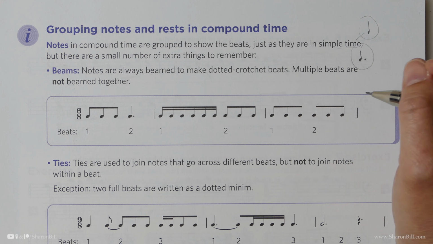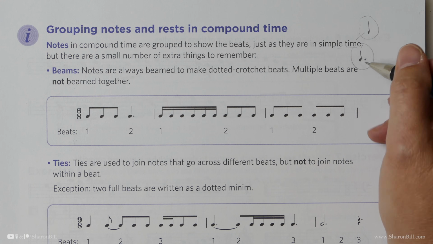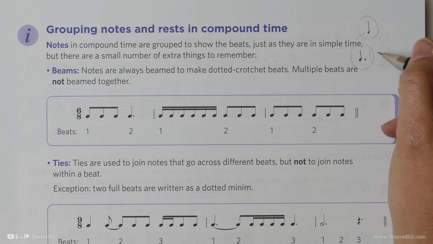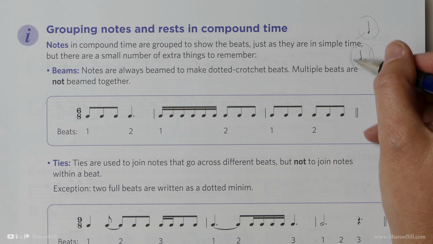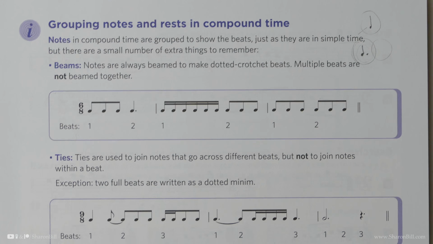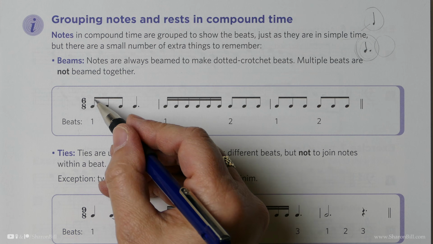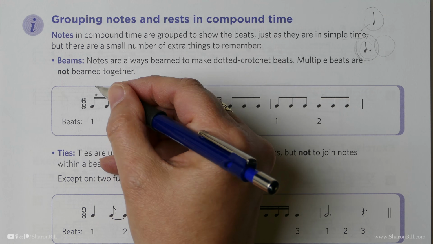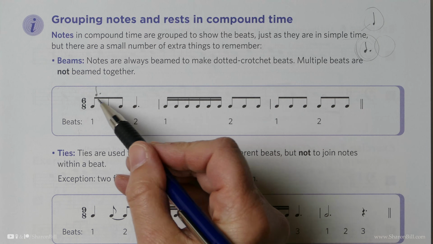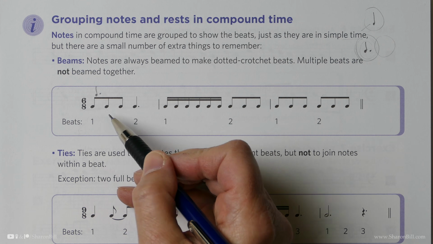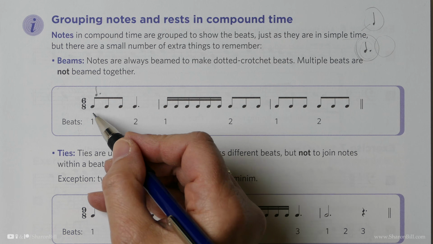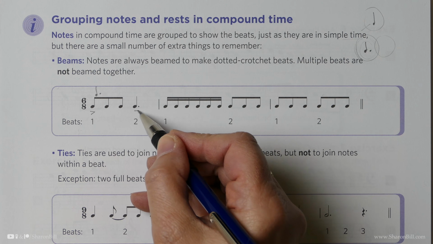And so we have to use ties to divide those groups, and we have to beam to reflect that dotted crotchet unit. And so we can see that we have 3 quavers beamed to show a dotted crotchet beat, because although we're counting 6 quaver beats, 6/8 is duple time, and we need to show beat 1, beat 2.